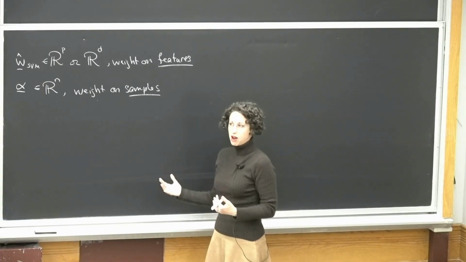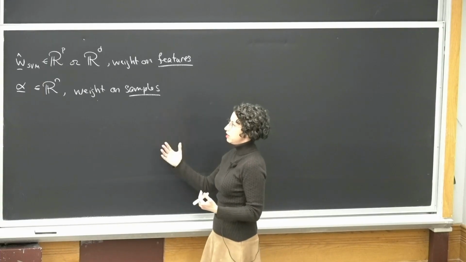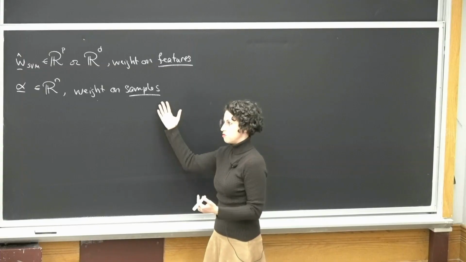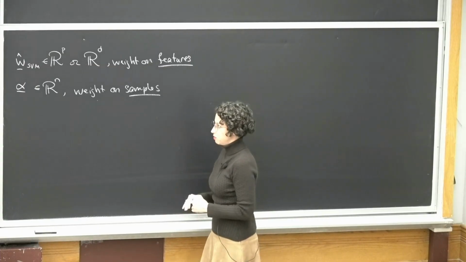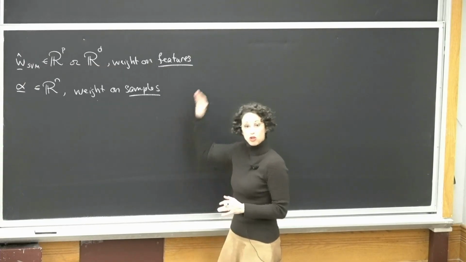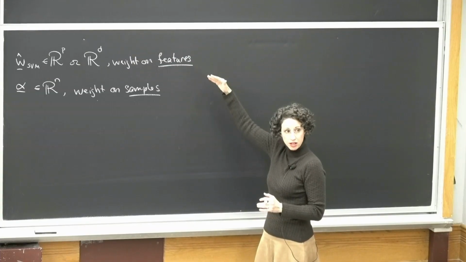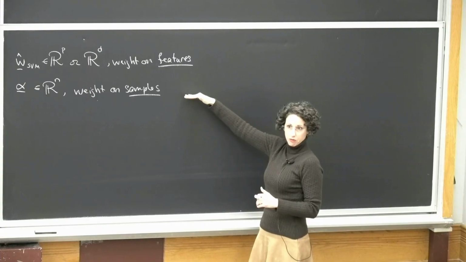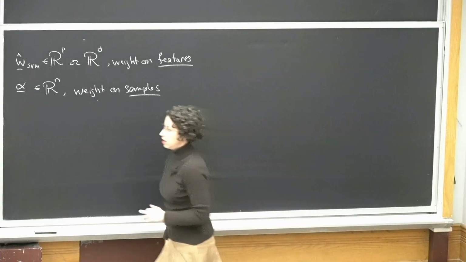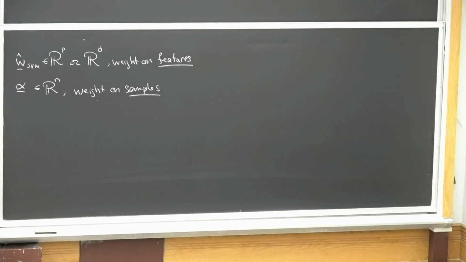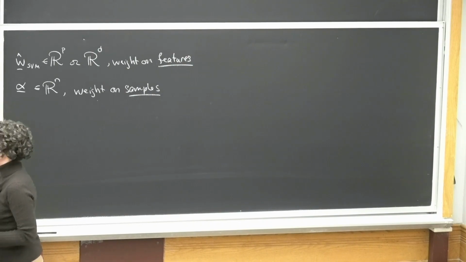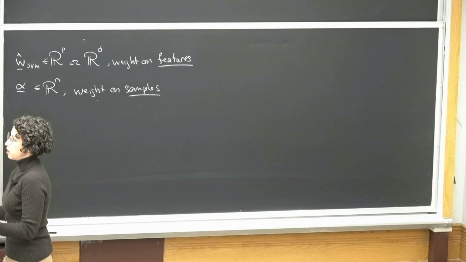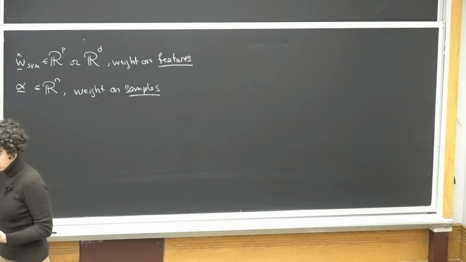And so we're going to derive an expression for that, analogous to how we derived an expression for it in the context of kernel ridge regression. So again, two different weight vectors weighing different things. The w's are weighing features, the alphas are weighing samples. Okay, so now what we're going to do is instead of finding an expression for w hat SVM, we're going to find an expression for alpha, the weights on samples.